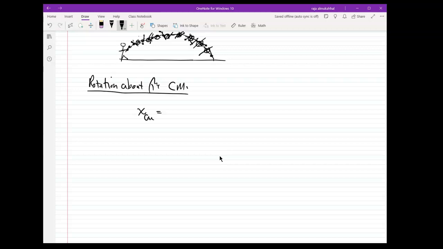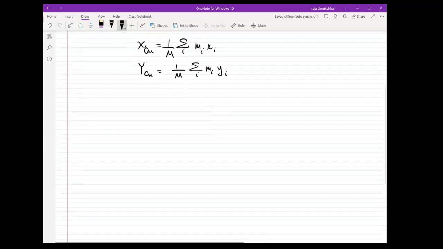So for the x coordinate, x sub cm is 1 over M times the sum over i of m sub i x sub i. And for y sub cm, the y coordinate is 1 over M times the sum over i of m sub i y sub i. What does that mean? The meaning is the following. Suppose I have, let me go to the book and I'll show you an example.